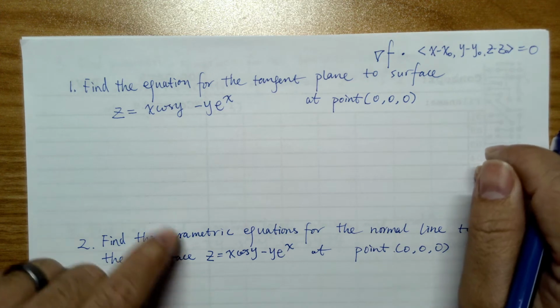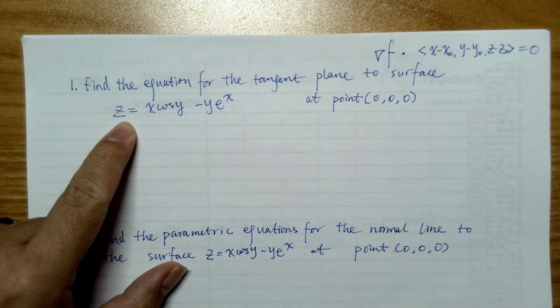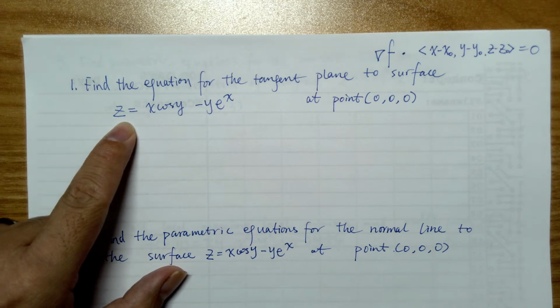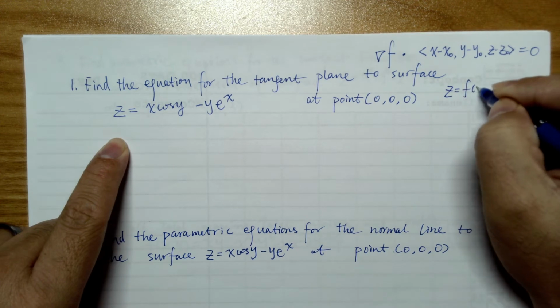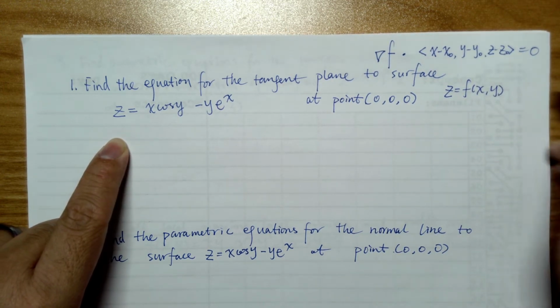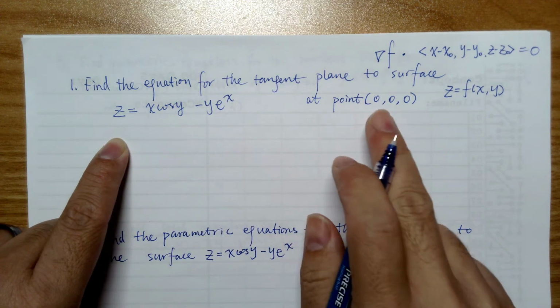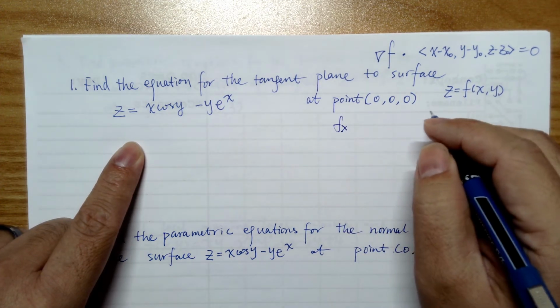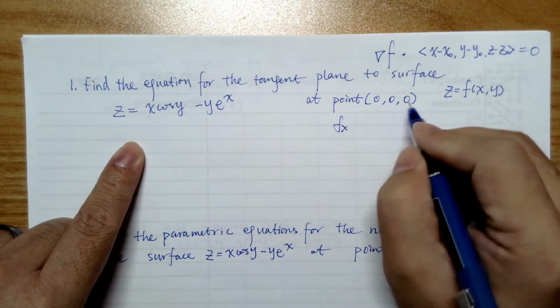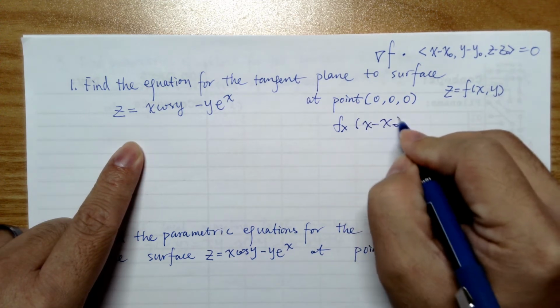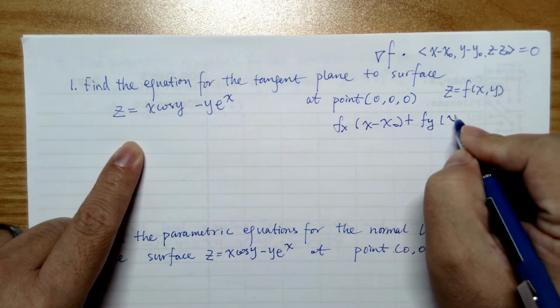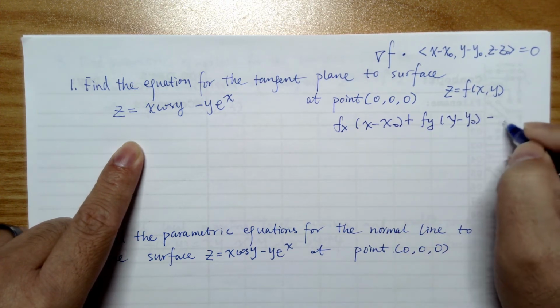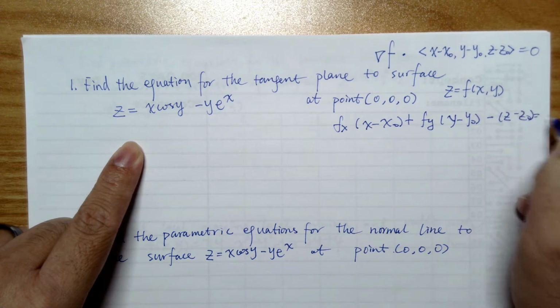But for the surface in this notation, z equals f of x and y, the plane tangent to this surface at a given point is partial f partial x, evaluated at the point, times x minus x0, plus partial f partial y times y minus y0, minus, actually z minus z0 equals 0.